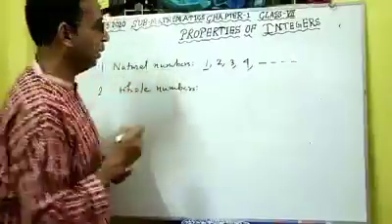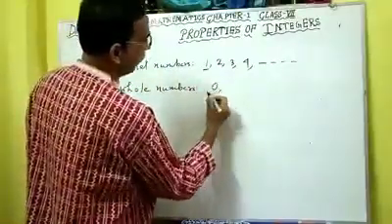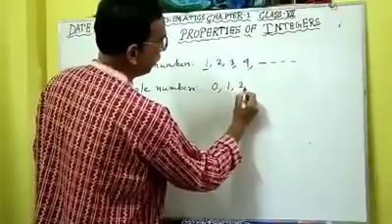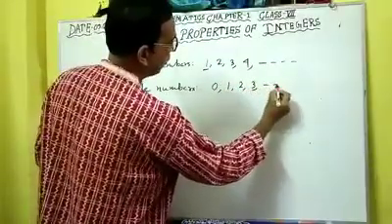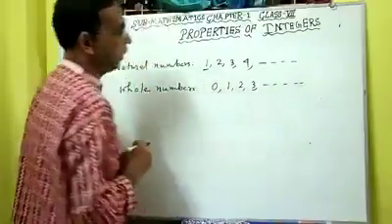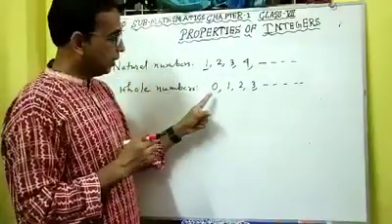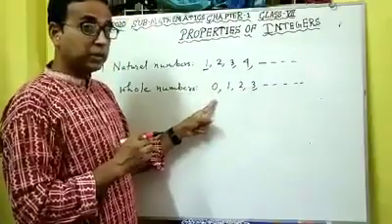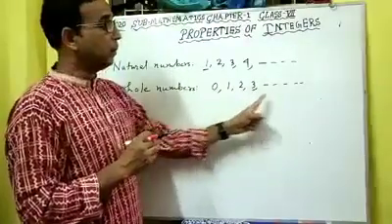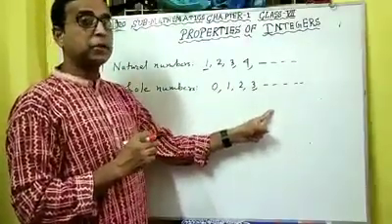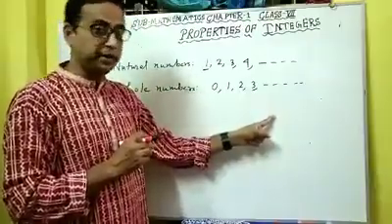For example, 0, 1, 2, 3 and so on. Among the whole numbers, 0 is the smallest whole number, but the greatest whole number is infinite.